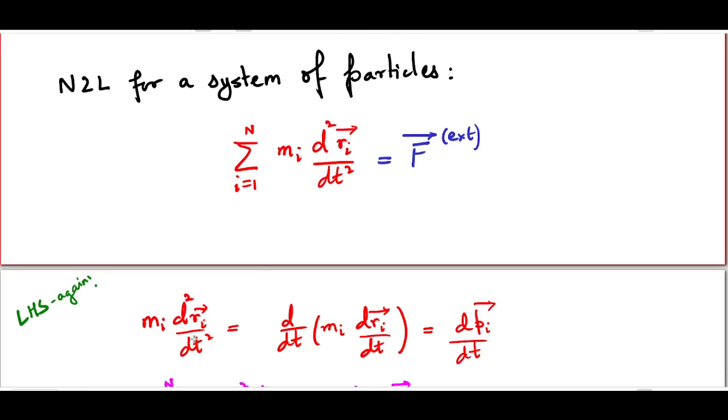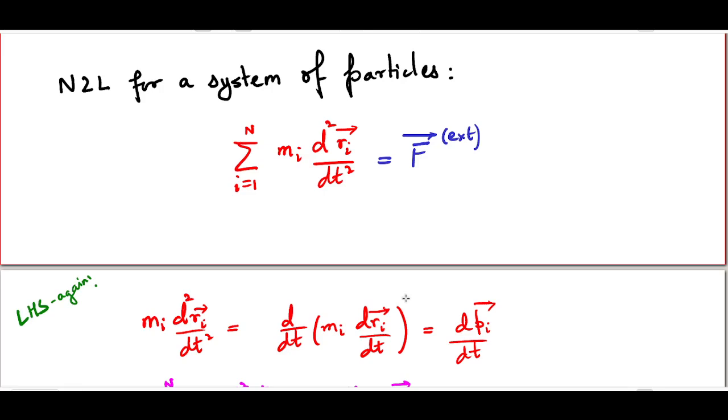Now, it's easy to see that we can rewrite this as the derivative of m_i dr_i/dt. Since m_i is a constant, it does not change with time, it can be easily pushed inside one of the derivatives. Now, the reason why this is a useful form is that the quantity in the brackets in here is simply what is called the momentum of the ith particle, p_i.